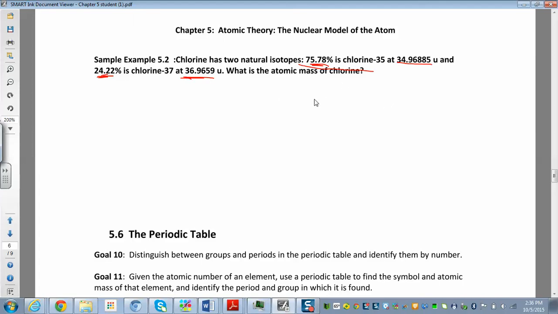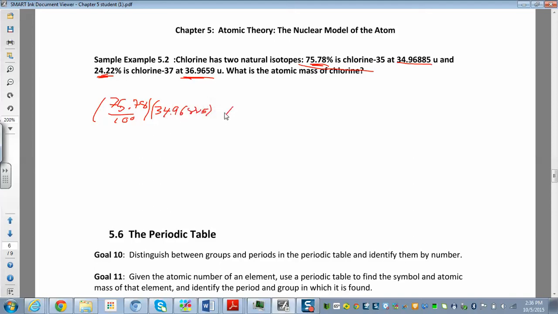So I would take something called a weighted average, and the way that works is I'm going to take this mass percent, 75.78%, and divide that by 100, and then multiply that by the actual mass. That's just going to get rid of the percent sign, dividing it by 100. And now I'm going to multiply by 34.96885.